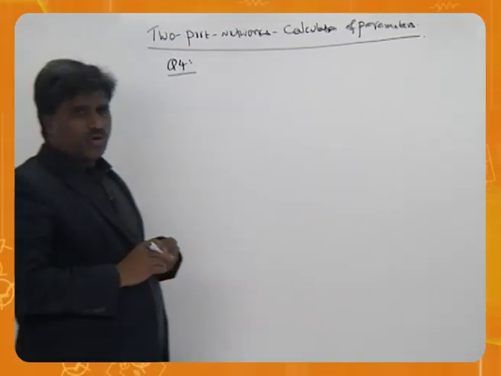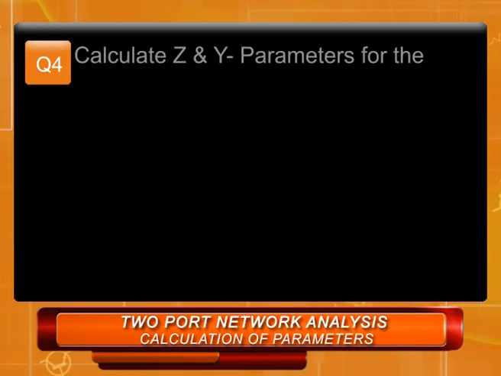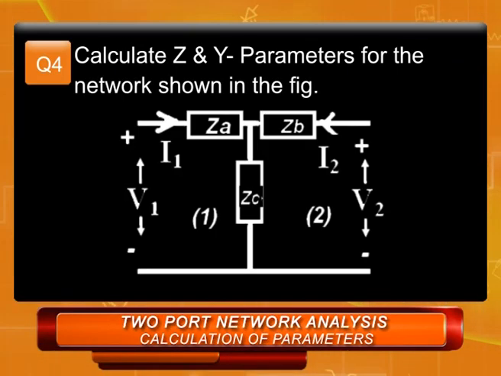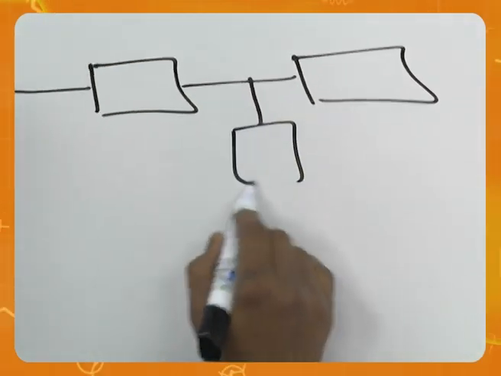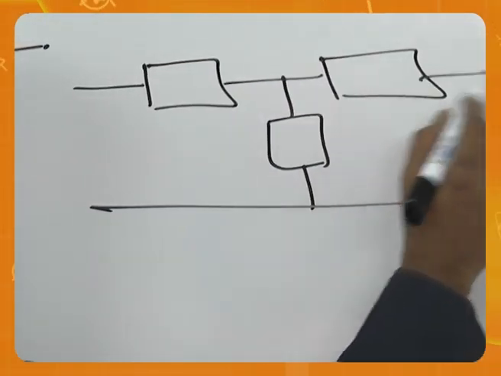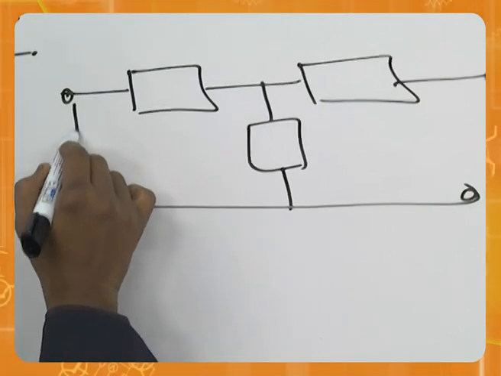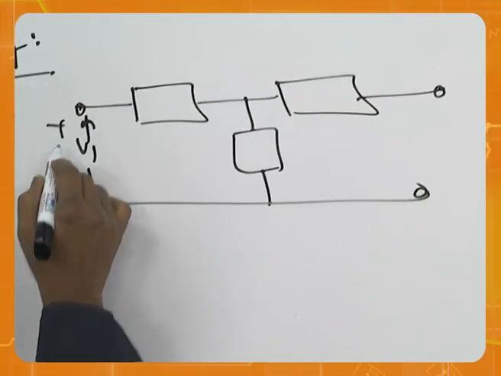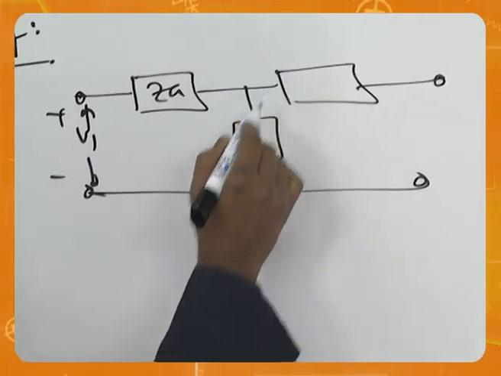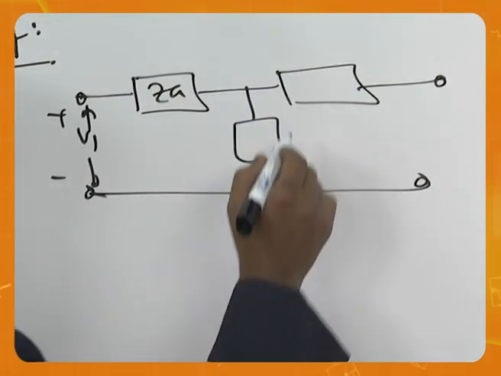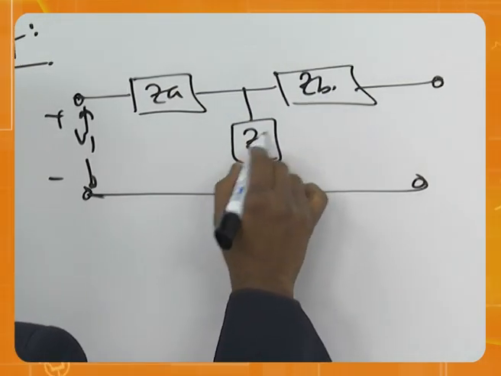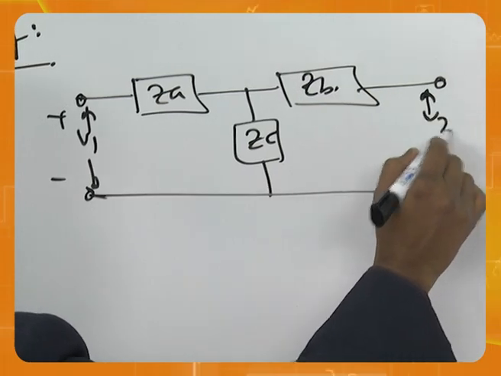Question number 4. Calculate Y and Z parameters for the network shown in figure. I took a T network. This is the network you have. ZA, say ZB, ZC.